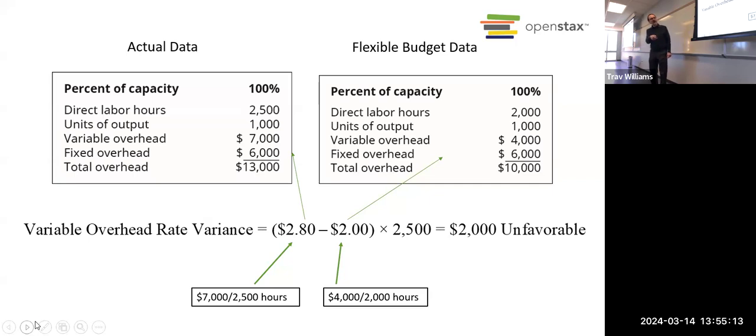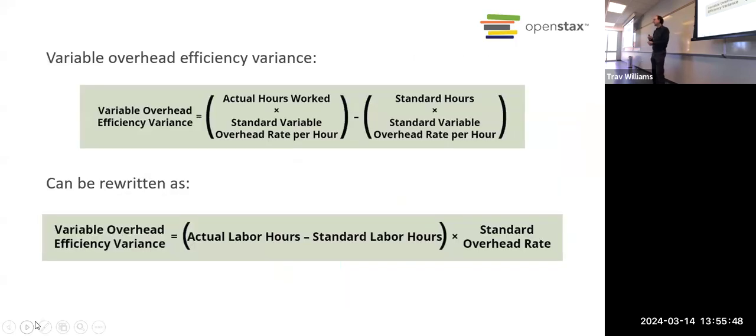And when you multiply it by the actual hours, you get the total cost: an extra $2,000 that they're paying for variable overhead because of both how many labor hours they used and the cost of the overhead. All right, so does that make sense? Taking similar concepts to what we've already spoken about, and we're just applying it to analyze the variance.